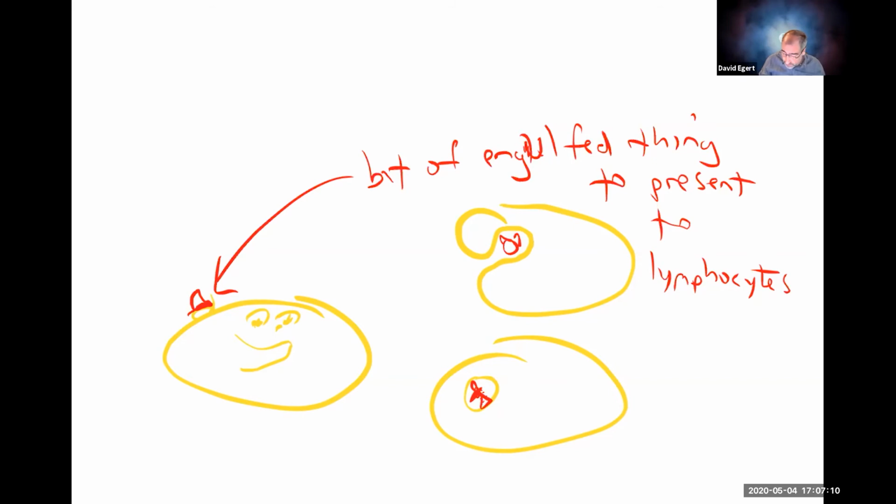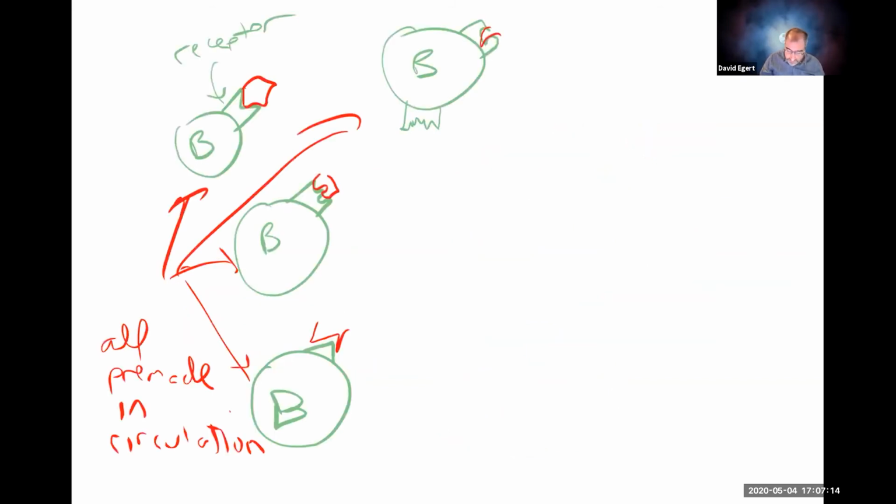And then it comes into this scene and says, all right, here's a little bit of this thing that I ate. Again, maybe it looks like a little horn. And it's like, does this B cell match? No. Does this B cell receptor match?